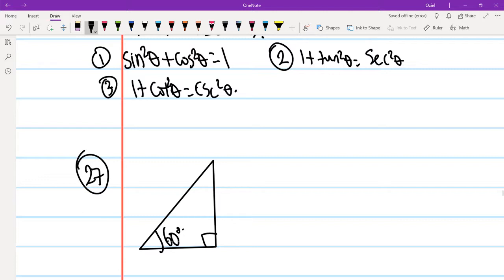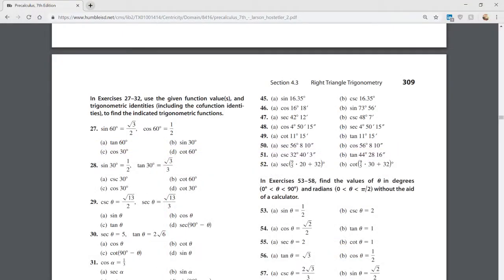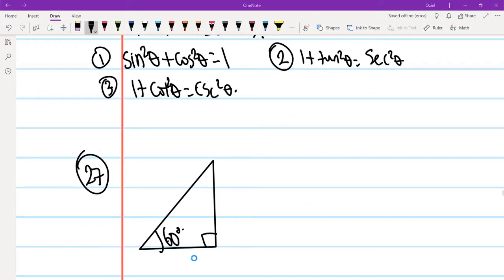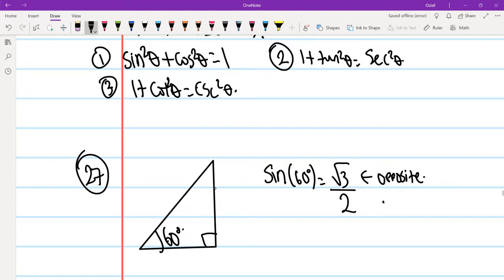And we have that sine of 60 degrees equals the square root of 3 over 2. So if we remember from our SOHCAHTOA, we can say that this is going to be our opposite, and this is going to be our hypotenuse.